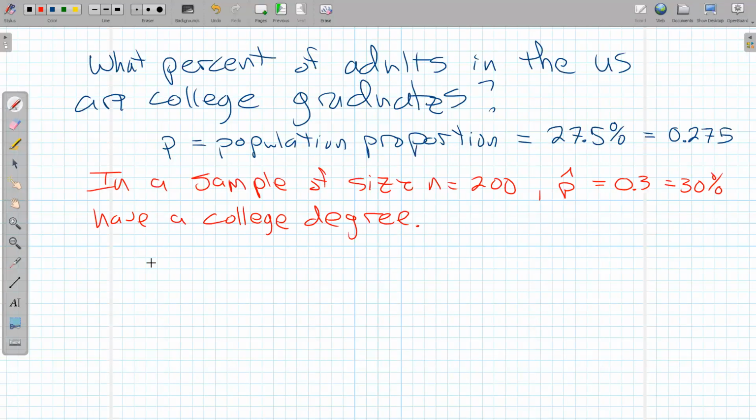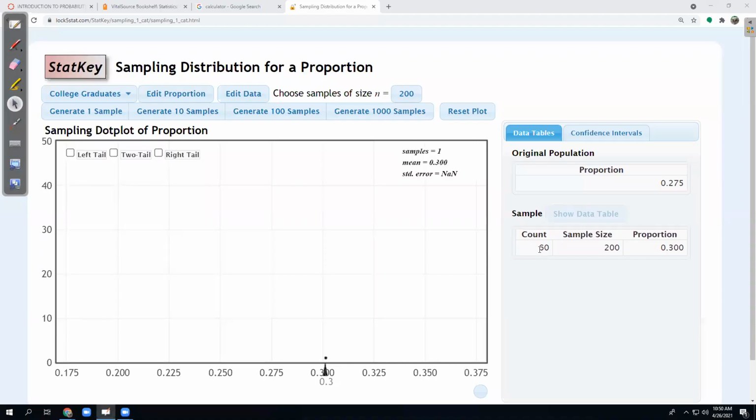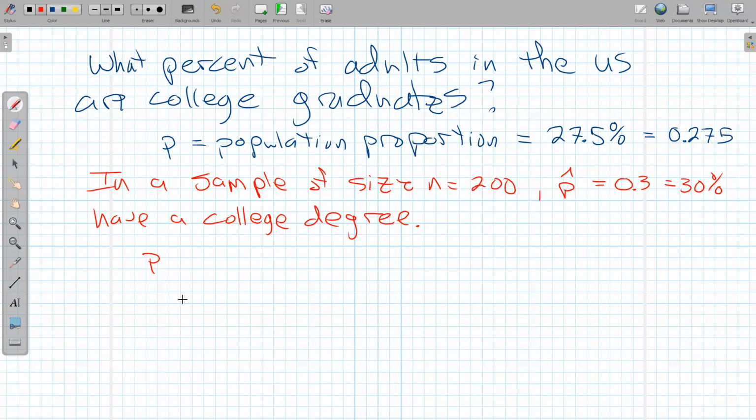That would be, right, so p hat could be a percent, decimal, or fraction. So if I look back at stat key, they give me the decimal version and they give me the fraction. Count 60 out of the sample size 200 here. And that's the 30% here, and they give me some extra zeros, which I don't really need.